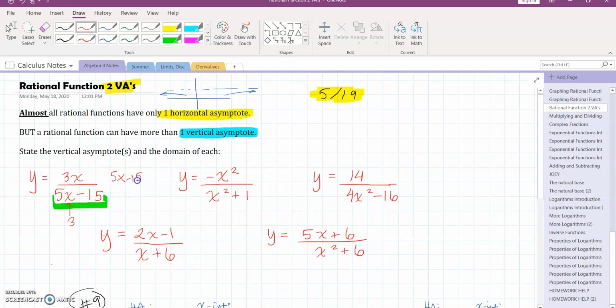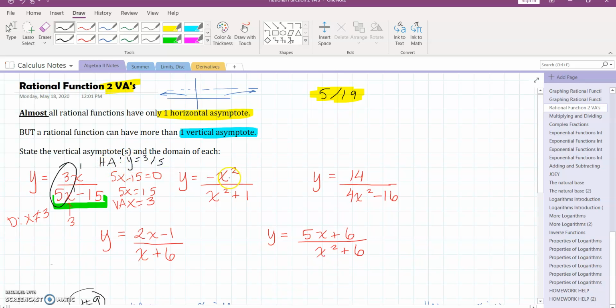If you can't look at the denominator and see it right away, just set your denominator equal to 0 and solve for x. 15 over 5 is 3. That is your vertical asymptote, which means your domain is x cannot be 3. Your horizontal asymptote, since the degrees are the same, is the ratio 3 over 5.